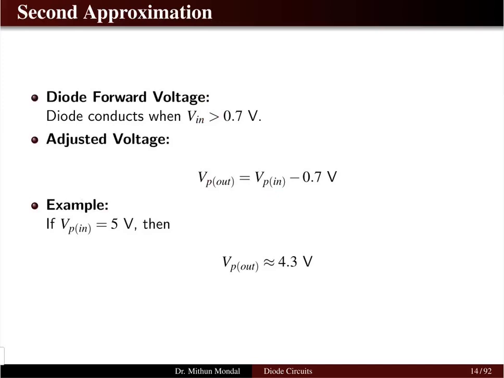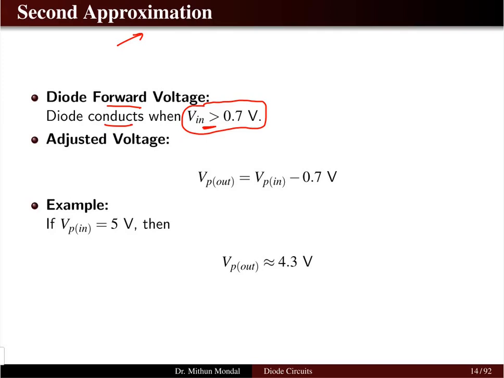When we talk about the second approximation method, there is a certain cutoff voltage of the diode. The diode conducts only when the input voltage is greater than 0.7 volt. We have discussed this in detail, like for a silicon diode or a germanium diode, what is the minimum threshold voltage after which the diode will conduct.